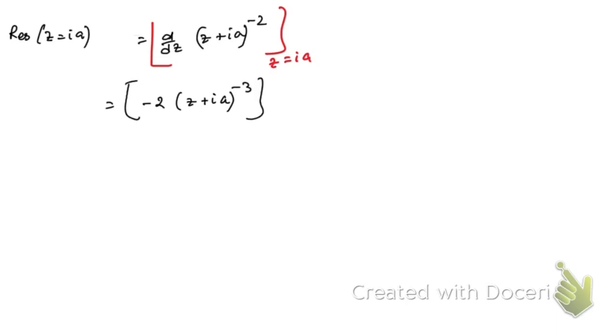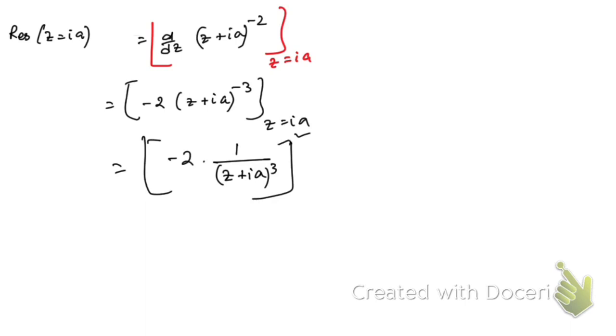If you differentiate it, you're going to get this at z is equal to Ia, right? So here it's going to be minus 2 into 1 by (z plus Ia) whole to the power 3. Let's put this value now, z is equal to Ia, then you're going to have minus 2 by (Ia plus Ia) whole to the power 3, right?